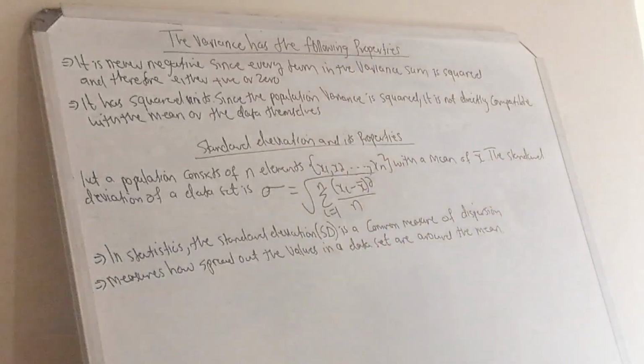This is exactly what it does. The standard deviation measures how spread out the values in a data set are around the mean. How? Around what? The mean. So you look at the mean and then you compare with how the data has been spread out. That's what we call the standard deviation. It measures exactly that.